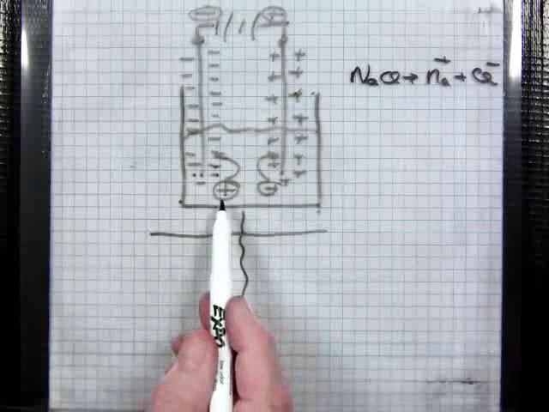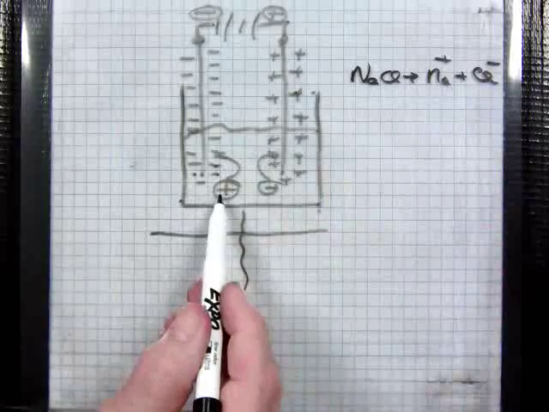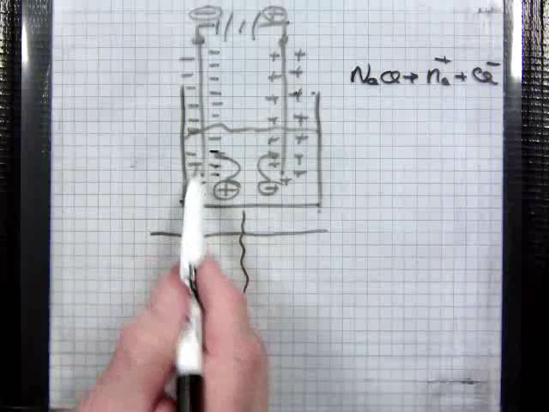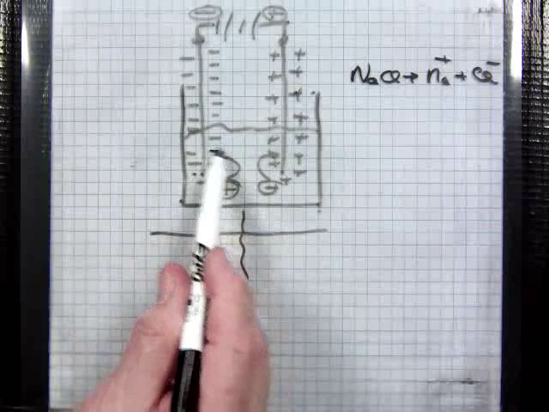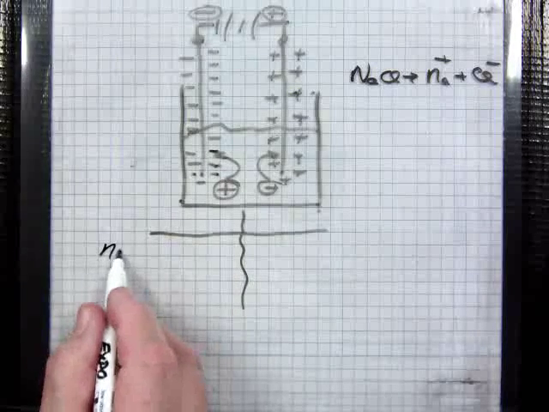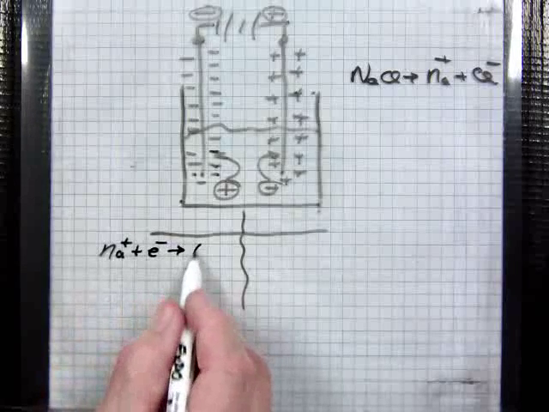So if we look at the cations, and we're just choosing sodium, it would be attracted to the electrode here and would absorb one of the electrons and neutralize.